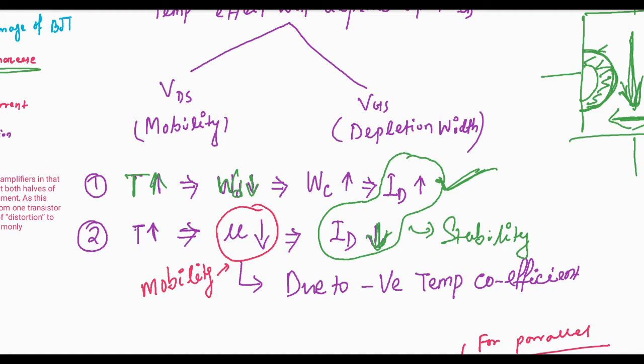In the first way this is increasing, in the second way this is decreasing. That means ID is somewhat in a stable condition if temperature increases. That means if we increase temperature, ID, that is the current through the FET, will remain in a stable condition. So this will not affect or damage that device.